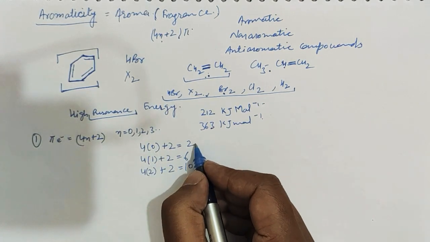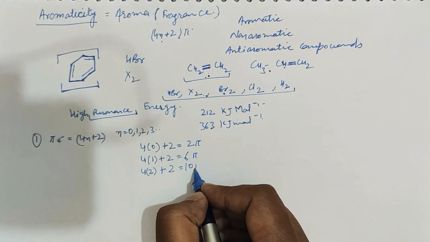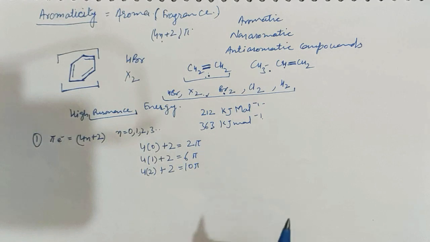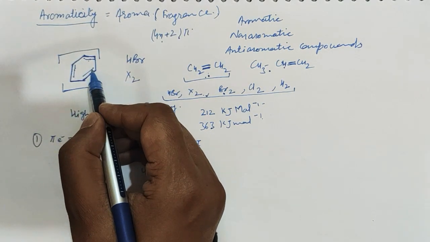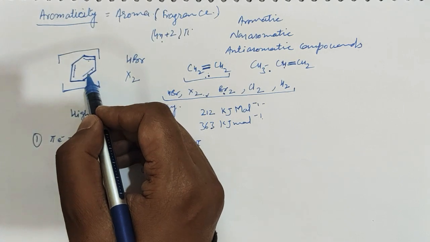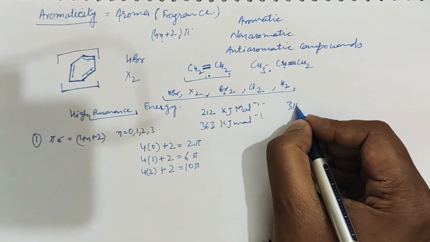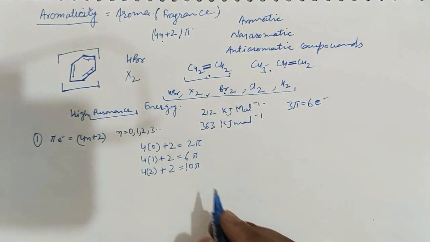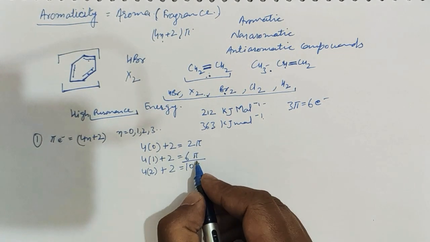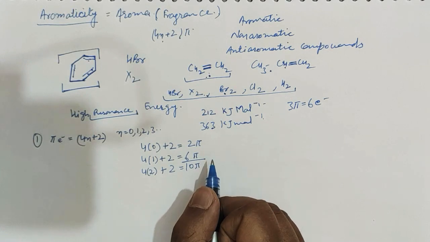So this number of pi electrons should be there in a compound. How many pi electrons are there in benzene? There are 3 pi bonds and each pi bond contains 2 electrons, so a total of 3 pi bonds lead to 6 electrons. So the benzene ring contains 6 pi electrons.